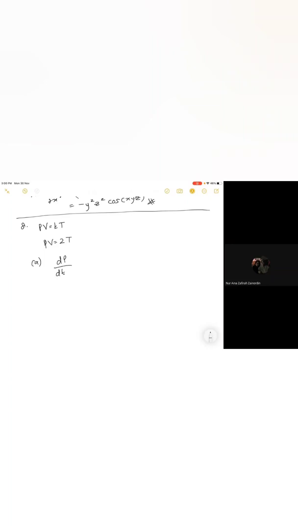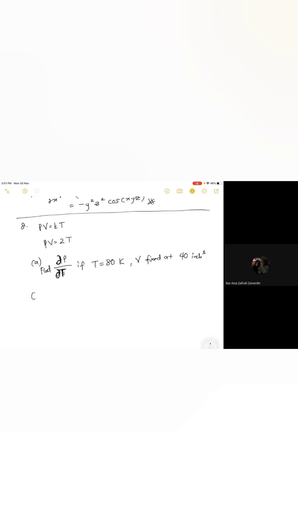So we want del P over del T, with respect to temperature T. If the temperature T equals 80 Kelvin and V is fixed at 40 inch cubed. Find the rate of change of volume.